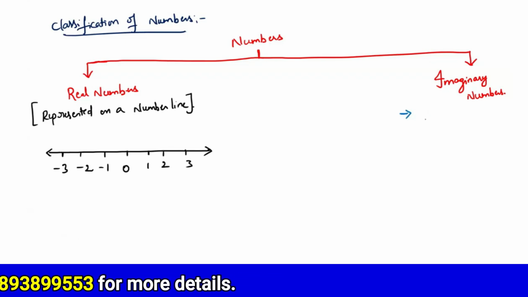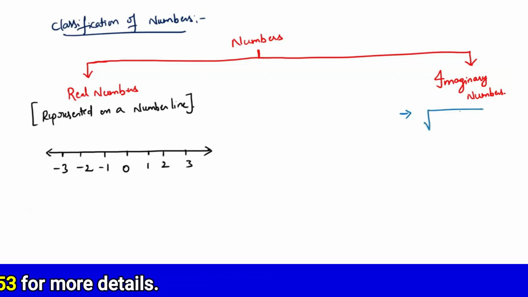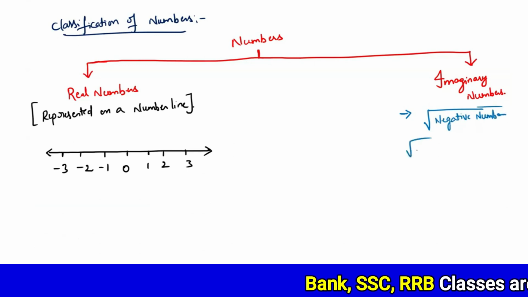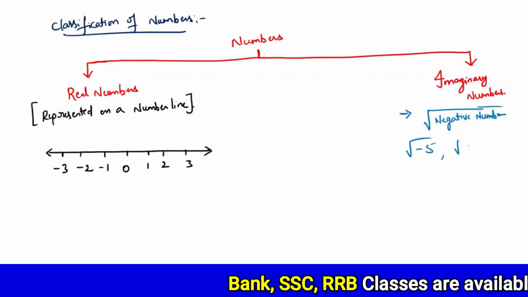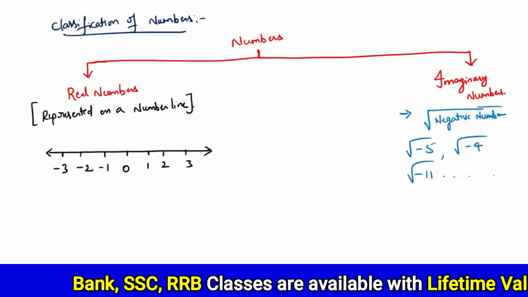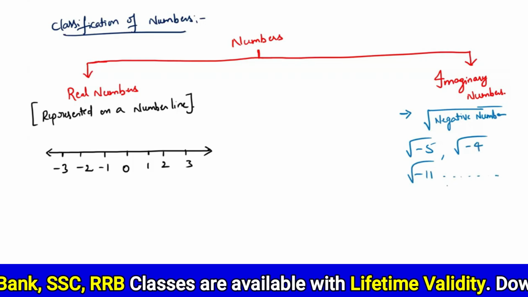Fine. See, the square root of any negative number will be called an imaginary number, like root over minus 5, root over minus 4, root over minus 11. All these will be considered imaginary numbers.